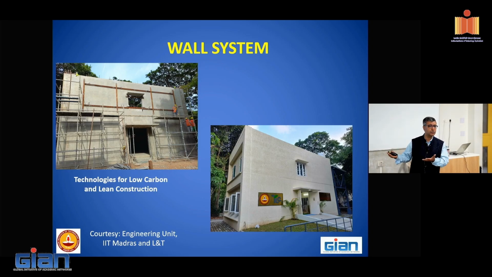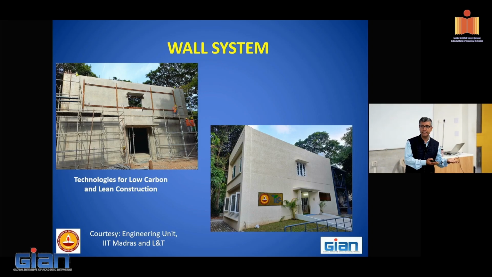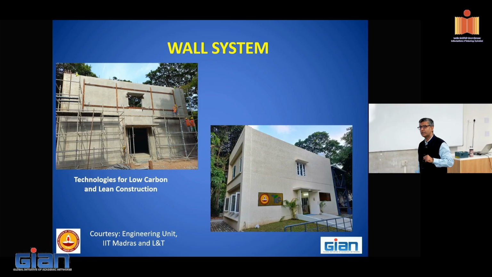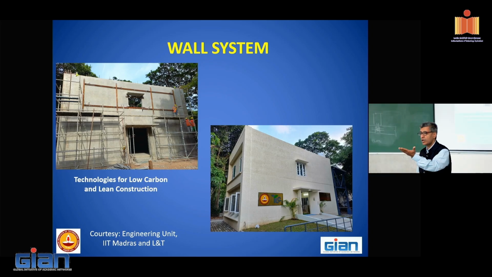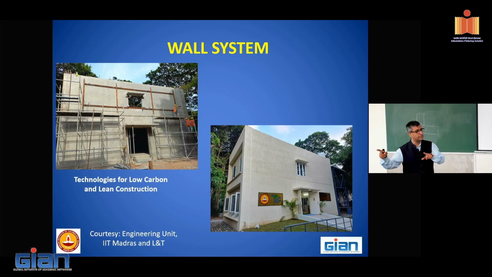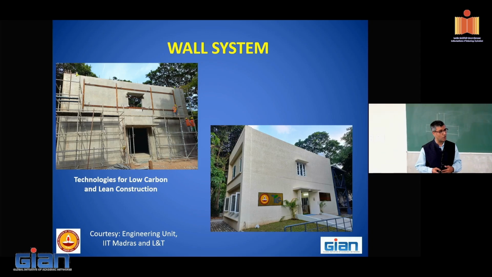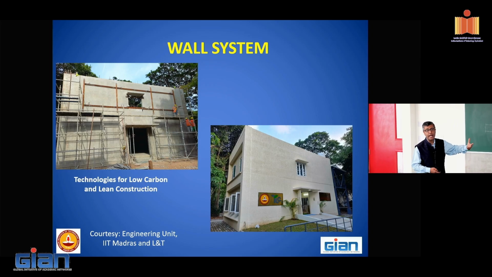We also have a 3D printed house now. Even in CBRI, you have the technology park where they demonstrated. In my last visit, I saw the 3D printed facilities they have put up to make a mock-up building. That means this type of technologies can be tried initially and then you can go for a larger scale.